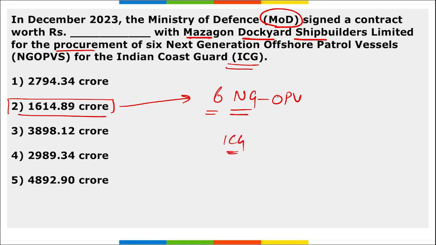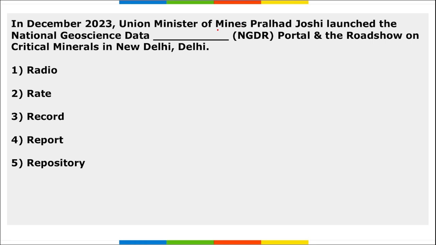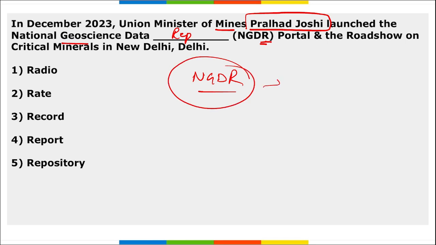Next, Union Minister of Mines Prahlad Joshi launched the National Geoscience Data R. What is the full form of R here? Repository, right? This NGDR is a portal, that means it is a website, and it is the National Geoscience Data Repository. Correct? Here indirectly the full form of R was being asked.